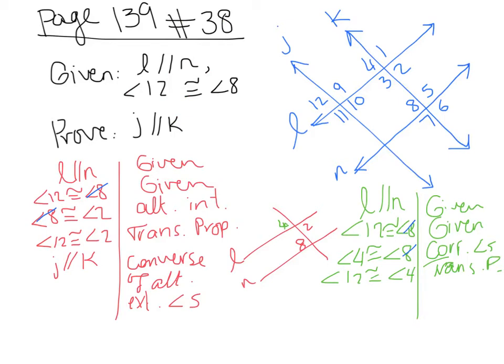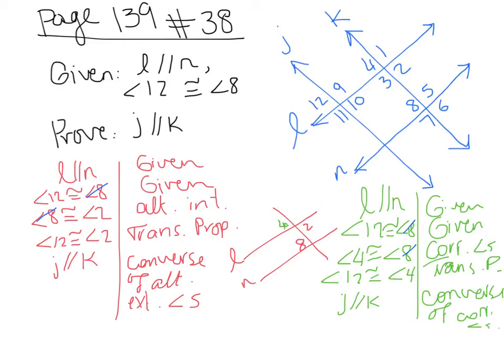Now, looking at 12 and 4, which we reached, you'll see that they have something to do with J and K, and they are corresponding. So now we can say that J is parallel to K, converse of corresponding angles.